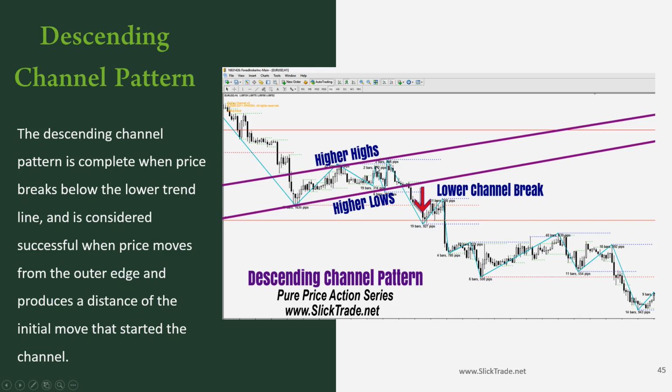I know we have one that's a little bit shorter there, but overall, if you look at here, here, here, we have higher highs and we have higher lows. And when we break this lower channel, you obviously enter a short position. And as you can see, it moved much further.